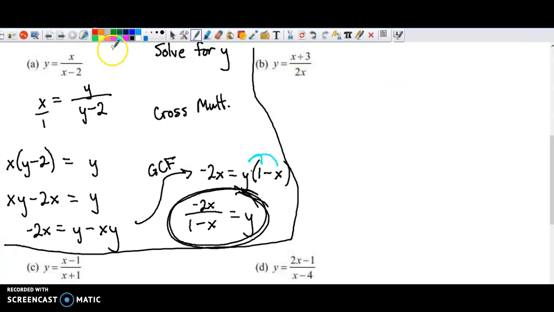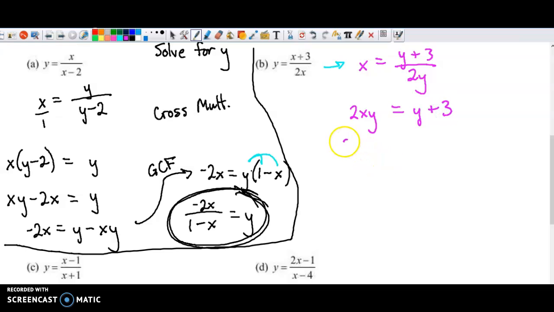So if we look at the next one, really the same type of arithmetic. X equals y plus 3 over 2y. Switch x and y. And with some practice, what you'll notice is you'll get the same thing as you cross multiply.